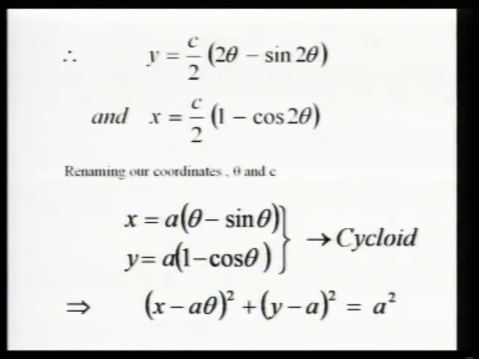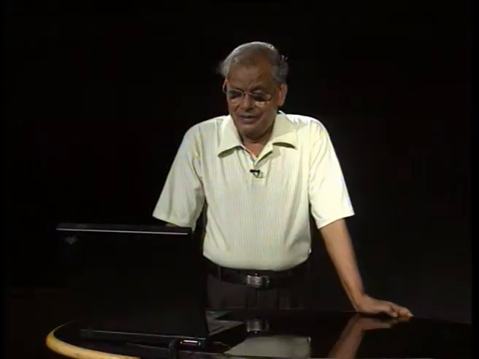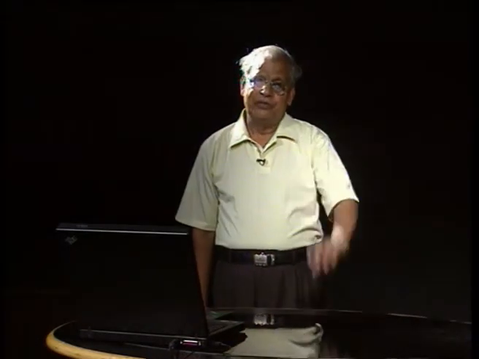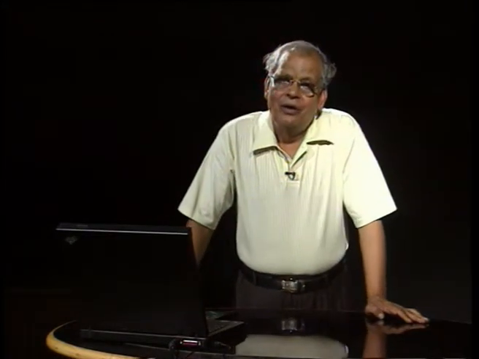What is the center of this circle? The x-coordinate of the center of the circle is a theta, and the y-coordinate of the center is a. We note that whereas the y-coordinate of the center remains constant, the x-coordinate of the center moves.